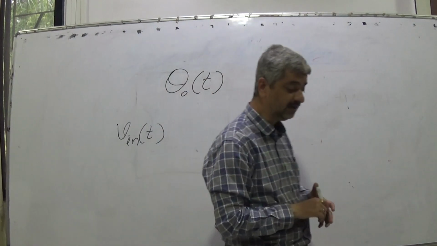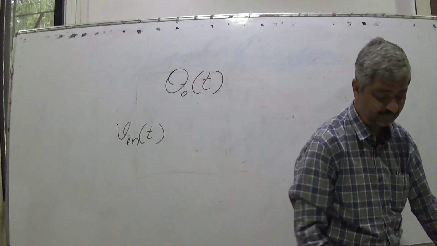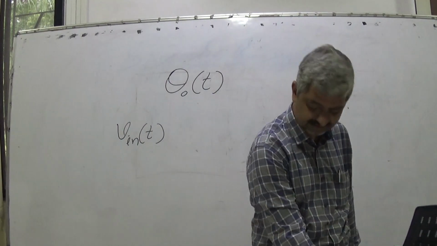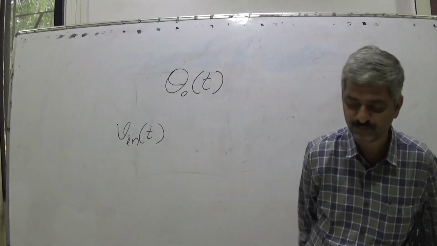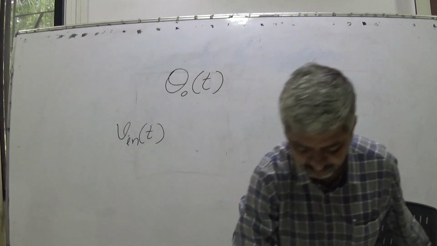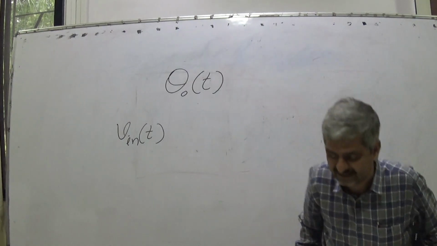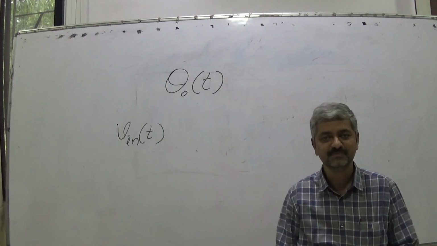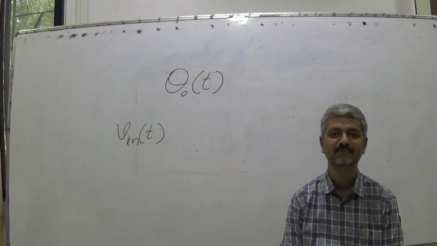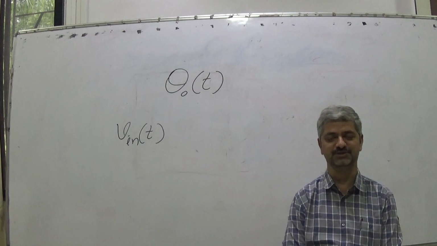So what is a system? In a system, it is obvious that the output signal must depend on input signal.